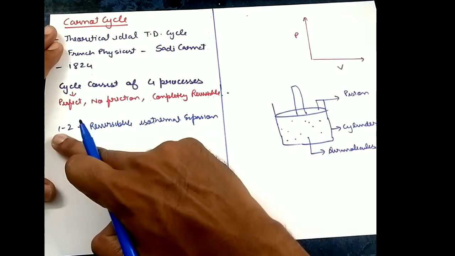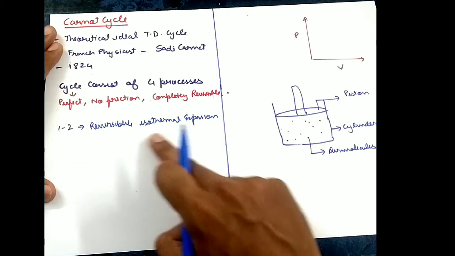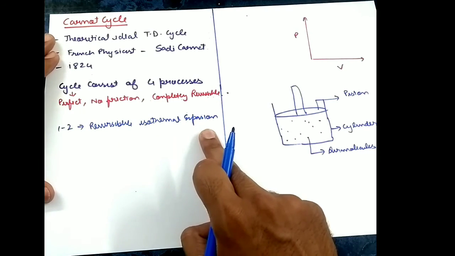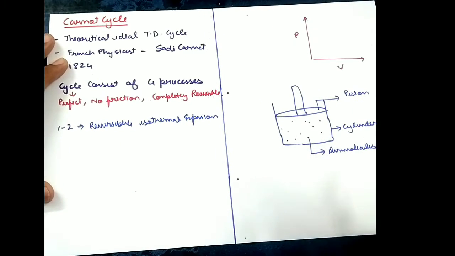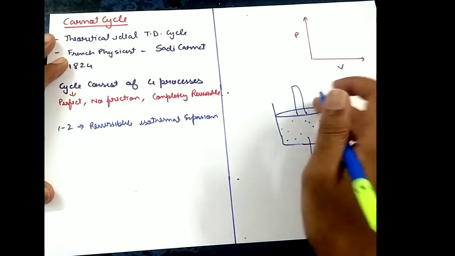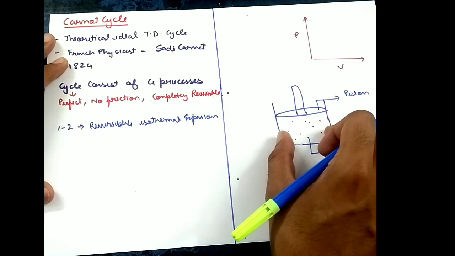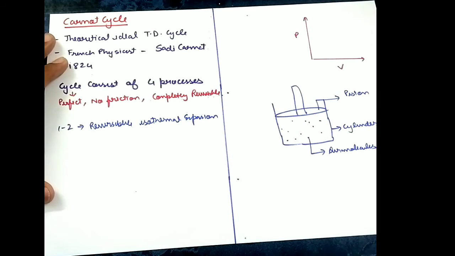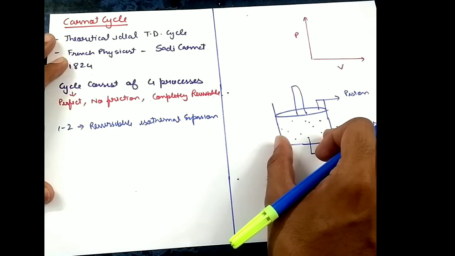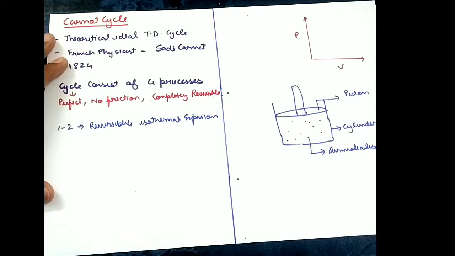Now, this is an isothermal expansion process. So what is an expansion process? Suppose the piston is down here, and we gradually pull the piston up.